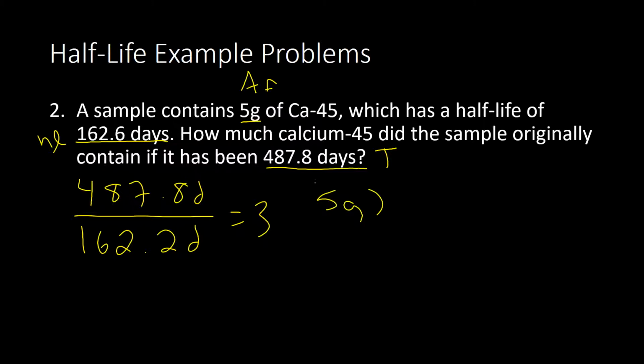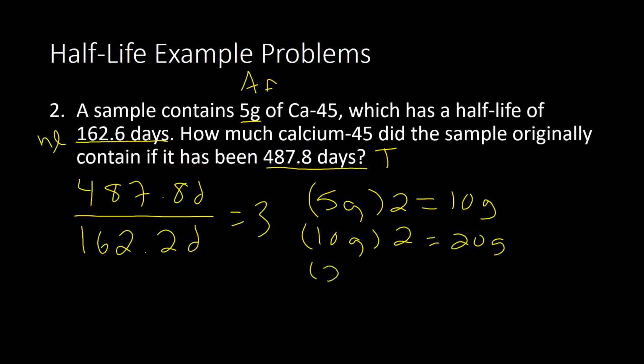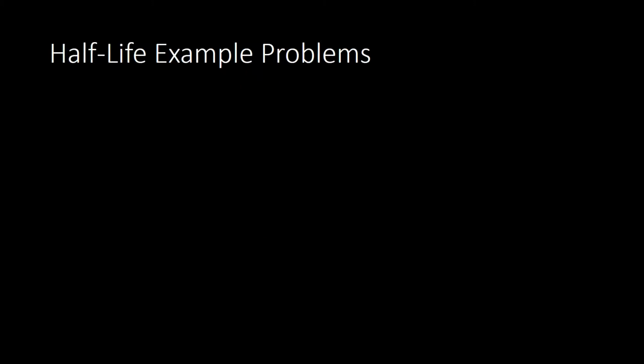So 5 grams times 2 is 10 grams. 10 grams times 2 is 20 grams. And 20 grams times 2 is 40 grams. That's how much I started with because, again, I've had 3 half-lives that have passed, so I had to multiply by 2 3 times.